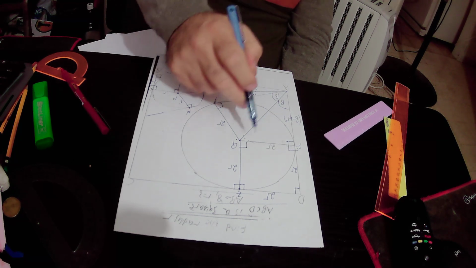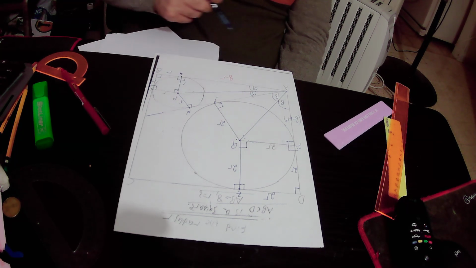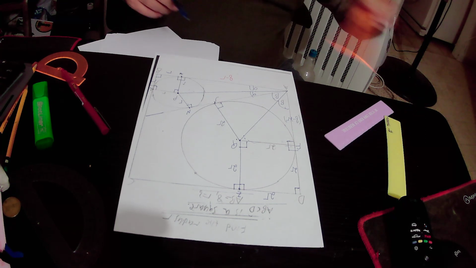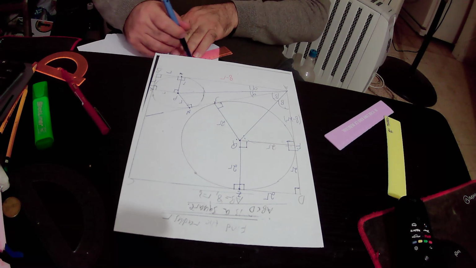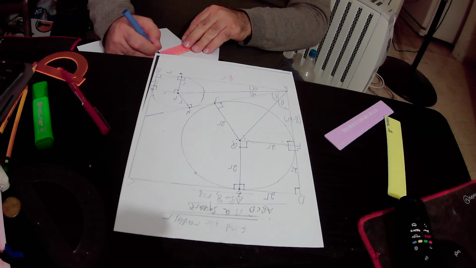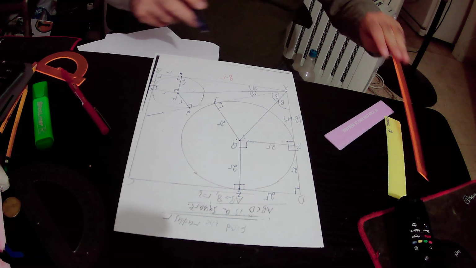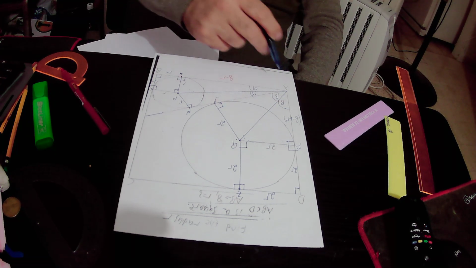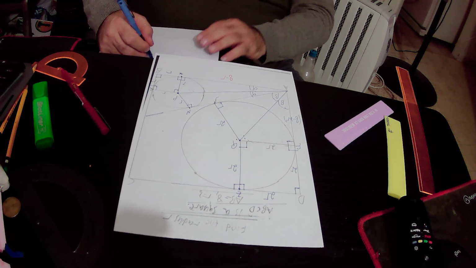And FQ equals 2R. So here we can calculate the value of tangent beta. Tangent beta will be equal to FQ over AF.